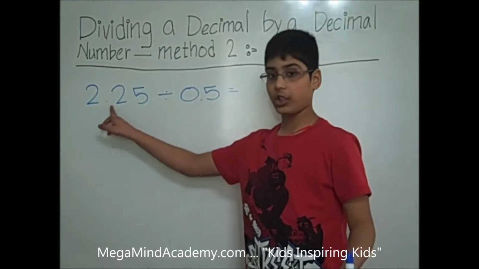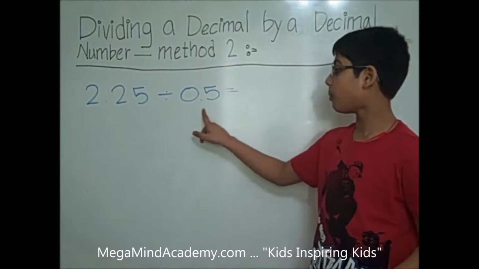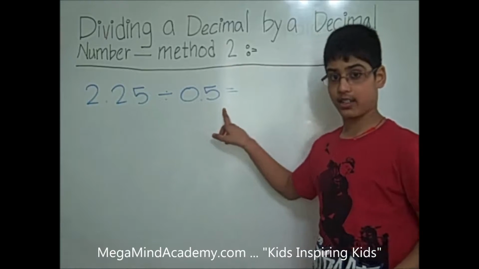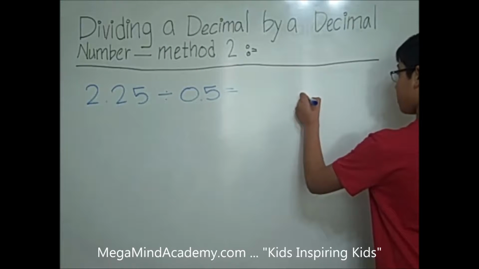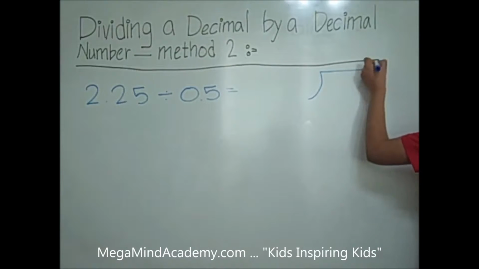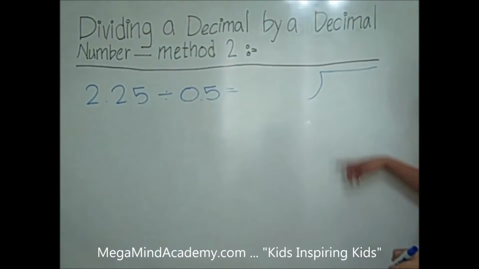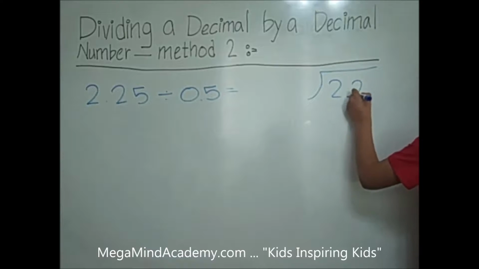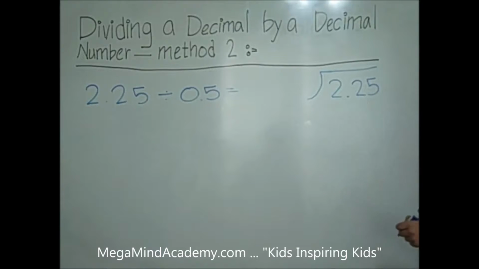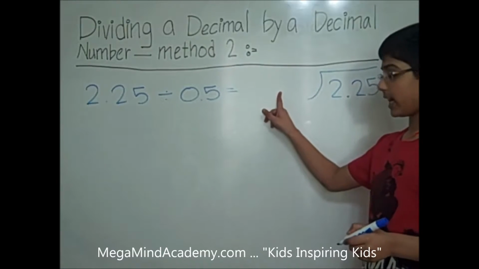Now, 2.25 is the dividend and 0.5 is the divisor. Now, let's draw our division sign. 2.25 goes inside the division sign. And 0.5 goes outside the division sign.